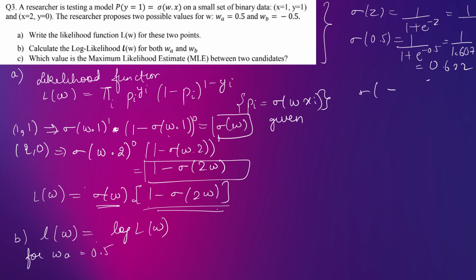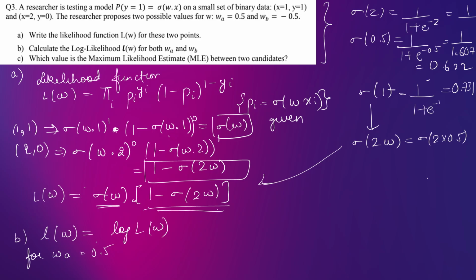After that, you'll calculate sigma of 1, which is 1 upon 1 plus e to the power minus 1, 0.731. This is what you get. Now here we calculate sigma of 2w. This will be equal to 2 into 0.5, that is 1. To put these values in, we need to know the values of sigma of w and 2w.